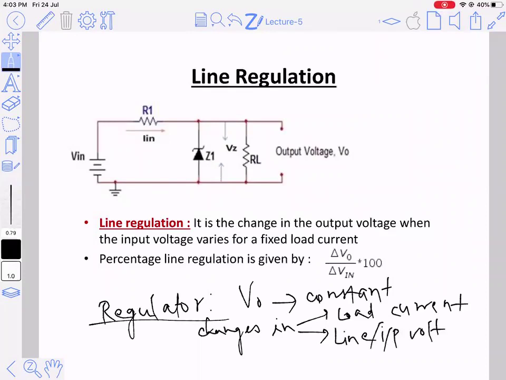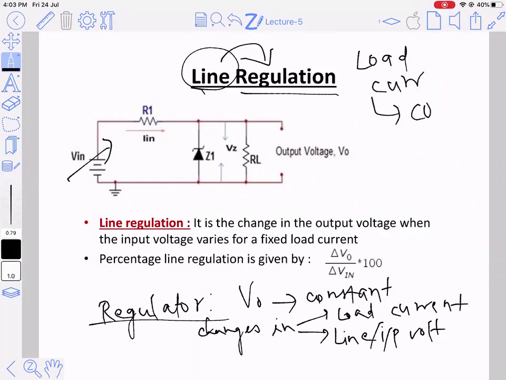So when I talk about line regulation, that means my line is varying and I have to regulate it. At that time my load current is remaining constant.